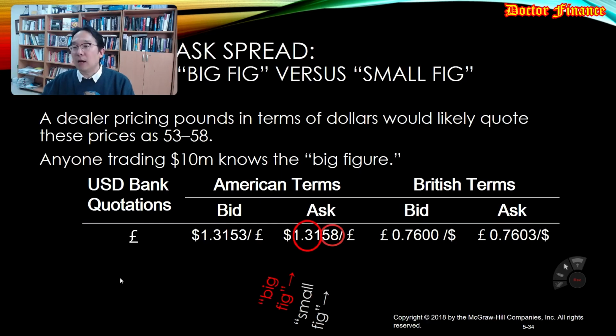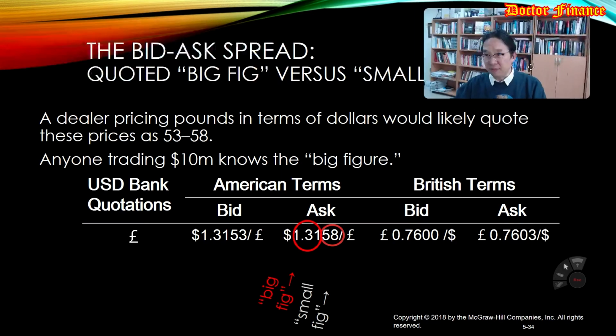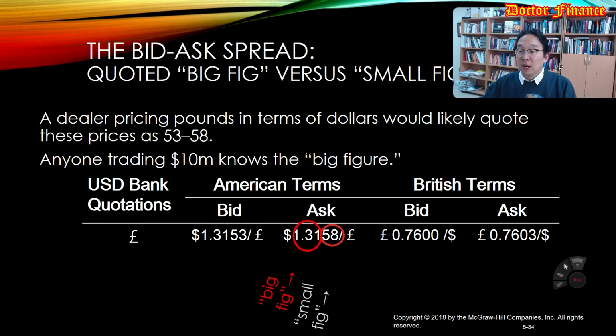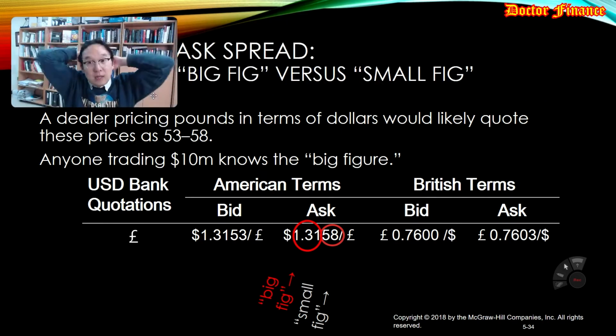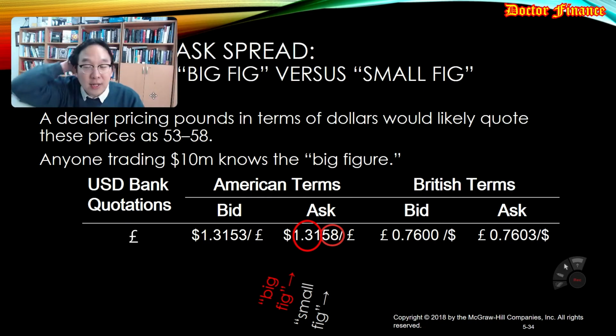Now, the bid-ask spread has a market convention, because every day the dealer is trading this currency very frequently. There's no time to pronounce the whole five digits of numbers. Moreover, the FX rate is rather stable.